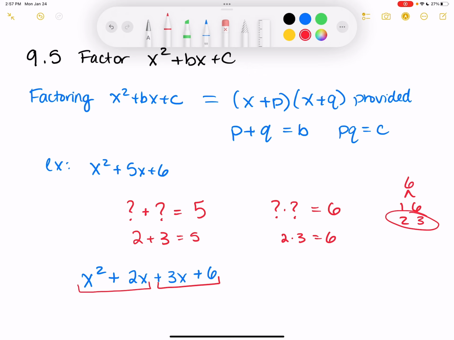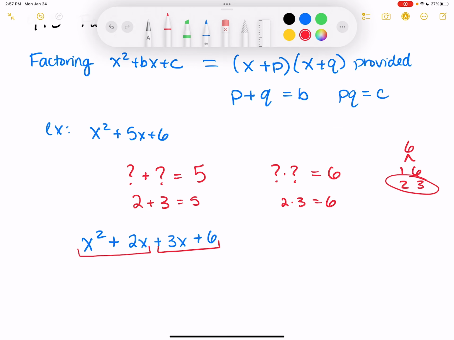So what is the biggest thing I can take out of x squared plus 2x? Need something I can take out. Greatest common factor. Just an x.